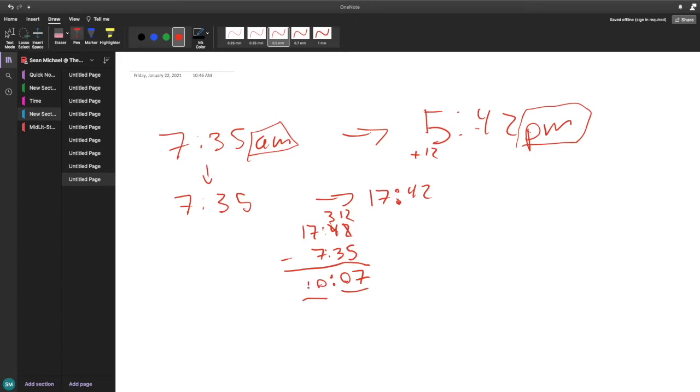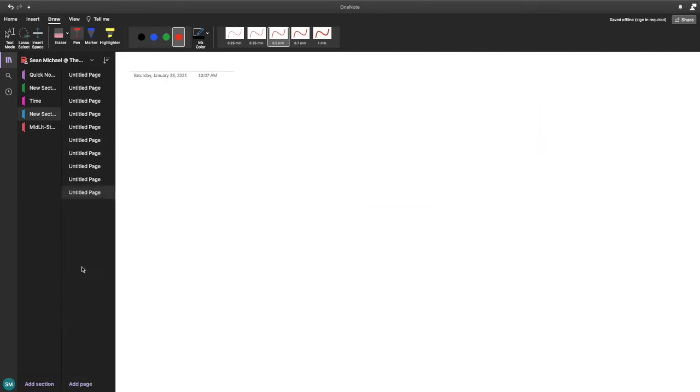And then the 1 comes down. So it's 10 hours and 7 minutes that have passed from 7 a.m. to 5 o'clock in the evening. So that's how you can figure it out. That's really important for us to be able to do. Let's go on from here.